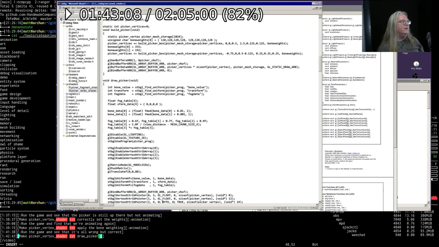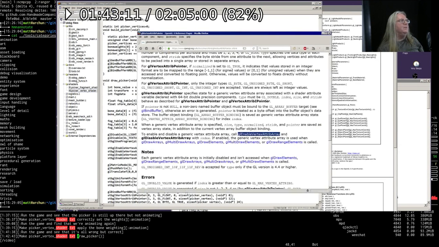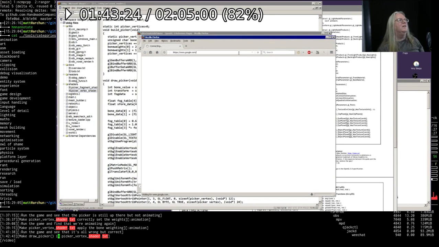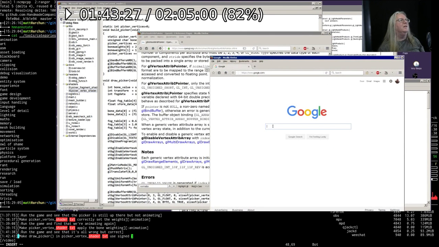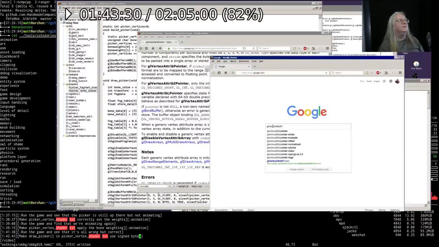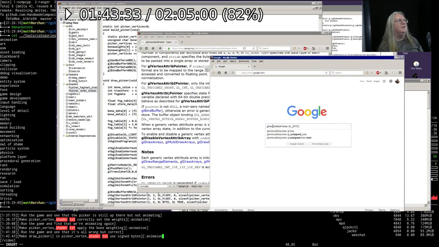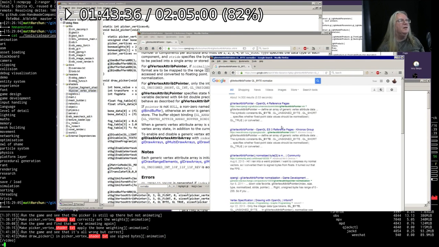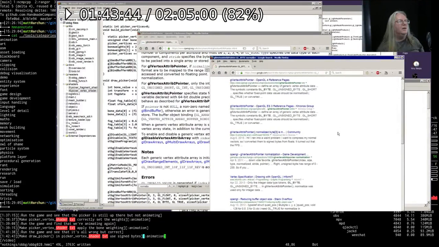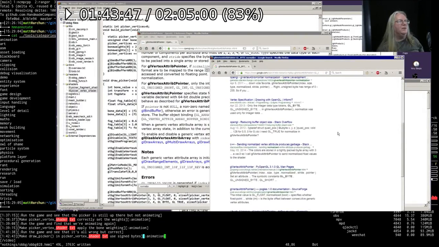How do normalized signed bytes actually work? Do they not have a 0 value? Yeah, that's gross. What is the encoding? Where do I find out what the encoding is? Come on, guys.